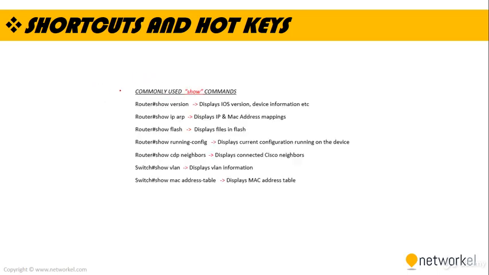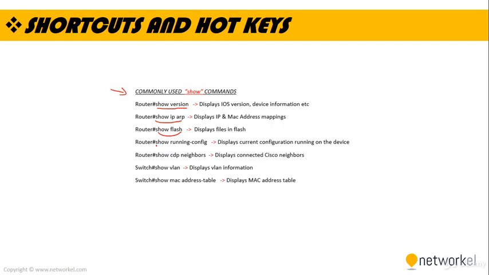And let's take a look at the commonly used show commands on Cisco IOS. We can use show version to display the IOS version, device information, and so on. We can use show ip arp to display IP to MAC address mappings. We can use show flash to display the files in our flash.